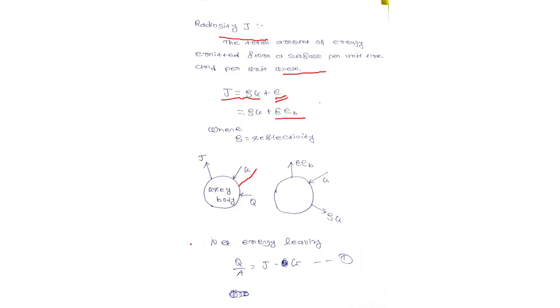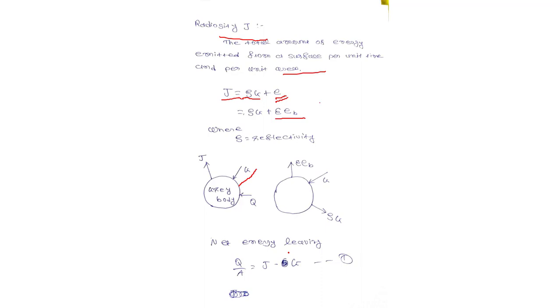And net energy leaving is Q upon A equals J minus G. It is equation number 1. And this is the gray body.